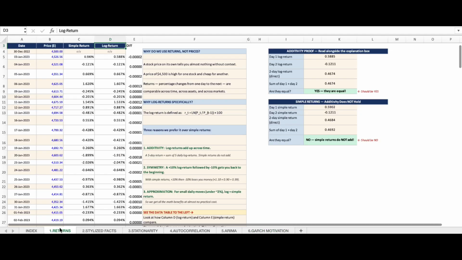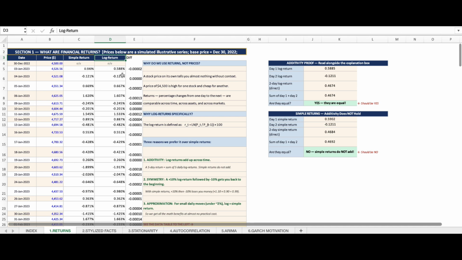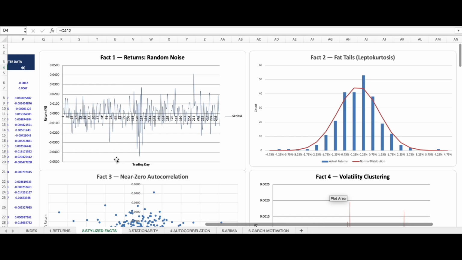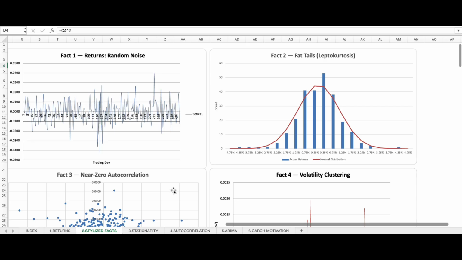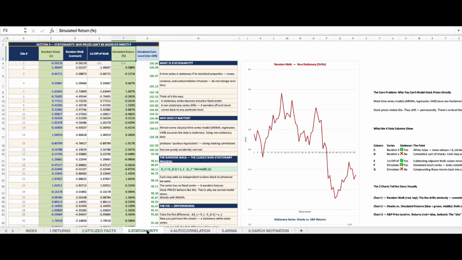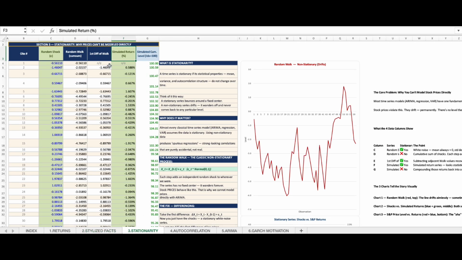We started by understanding why we transform prices into log returns. We also studied the four statistical properties that make return data look the way it does. We then established why stationarity matters and how differencing fixes non-stationarity.